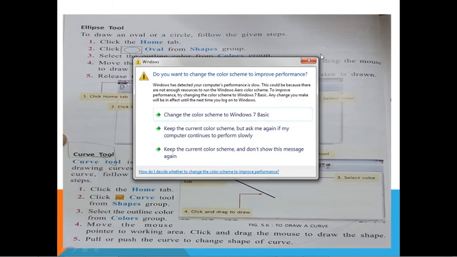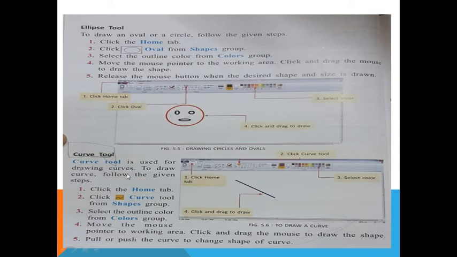Now come to the curve tool. The curve tool is used for drawing curves. To draw a curve, follow the given steps. Click the home tab, click the curve tool from the shapes group. Select the outline color from the color group.